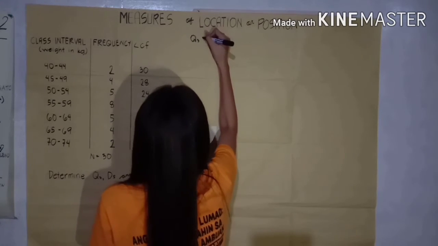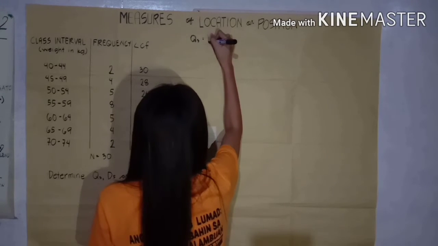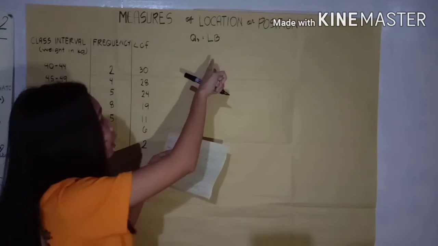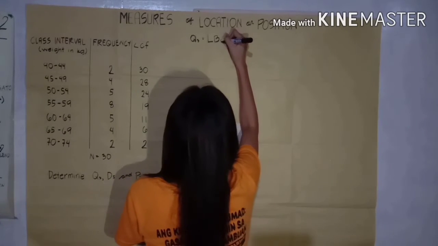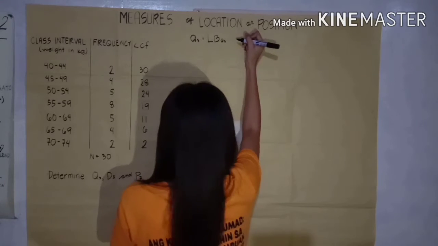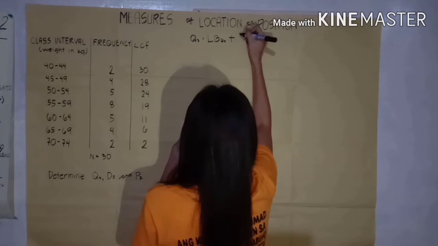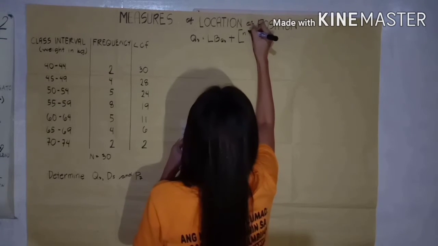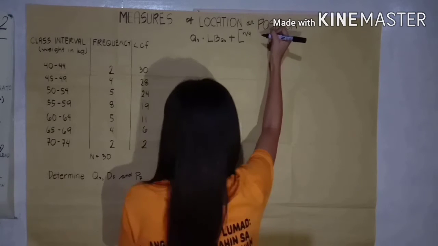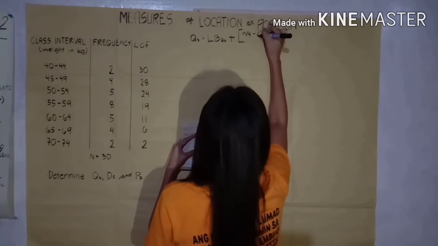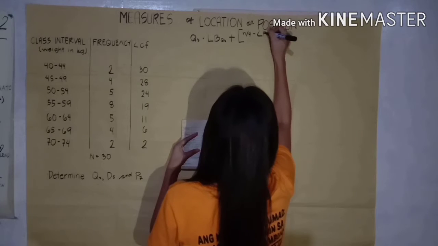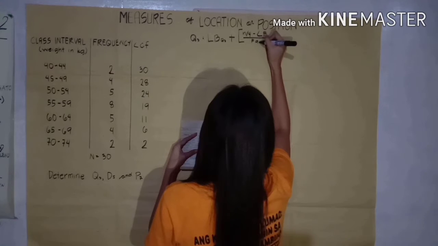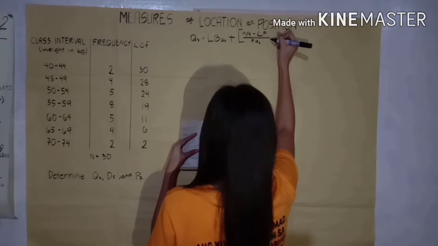Q3 is equal to LB, where LB serves as the lower boundary, plus Q3 divided by 4 minus the less than cumulative frequency over FQ3.